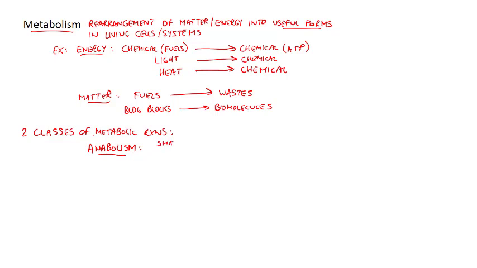Anabolism is when you take smaller molecules, simpler molecules, and through a series of chemical reactions convert them into larger, more complex biomolecules. And typically, anabolism requires an input of energy.